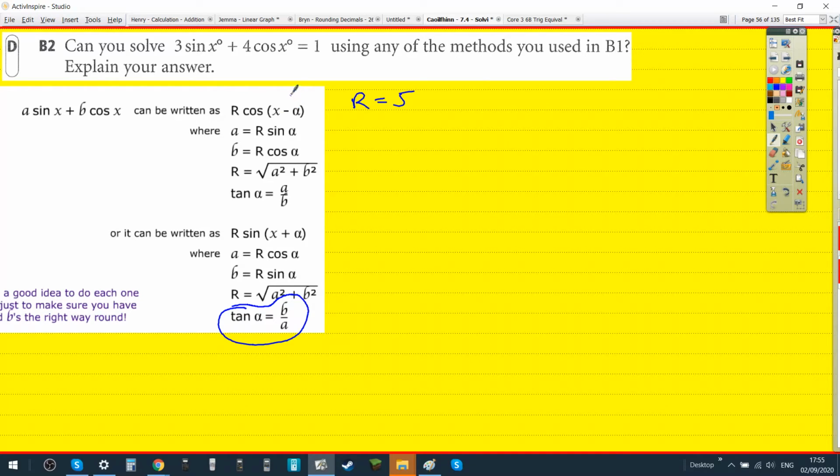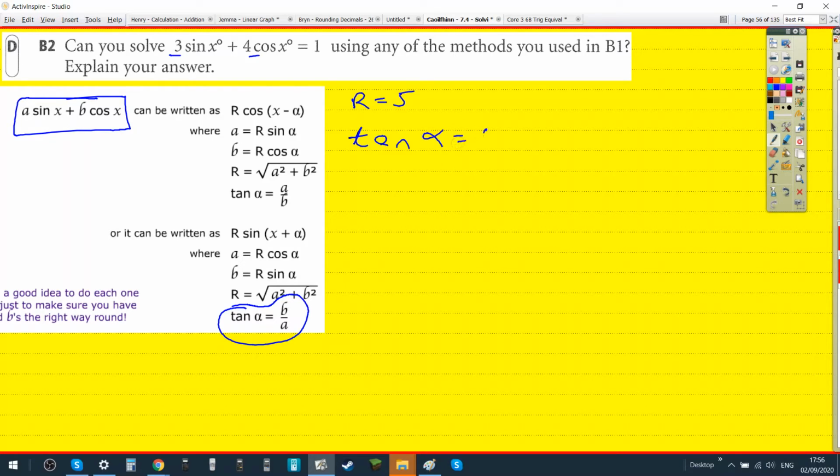Wait, so are we just skipping steps now? Yep. But what's b and a? That's a, that's b. So tan alpha equals 4 over 3.